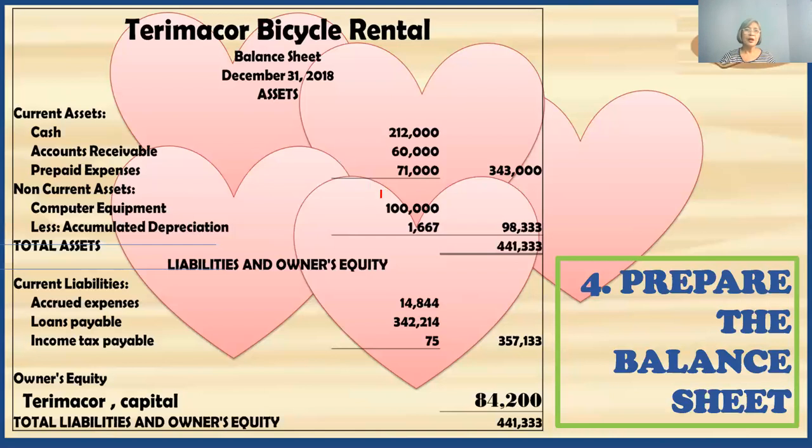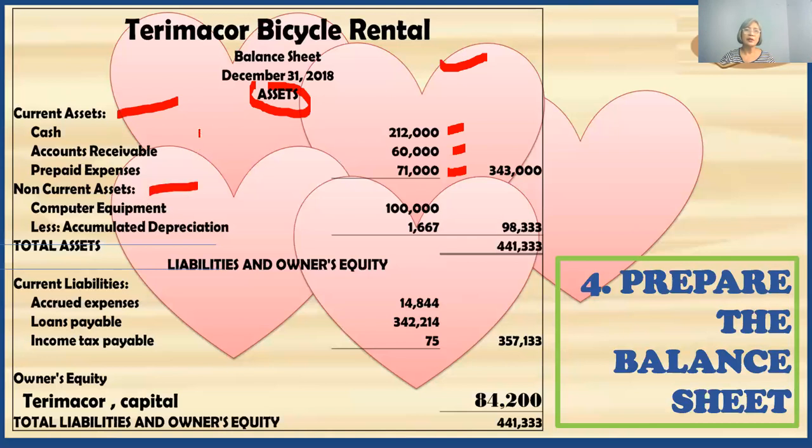So, ito yung example ng balance sheet ng Tarima Corp Service ulit. So, we have cash, accounts receivable, prepaid expenses. So, yung asset mo, this is asset na classified into current and non-current.